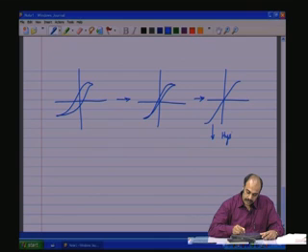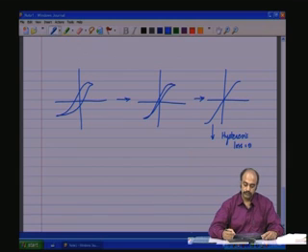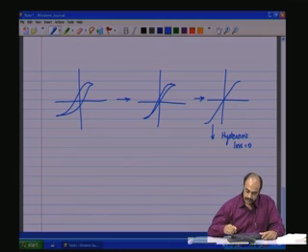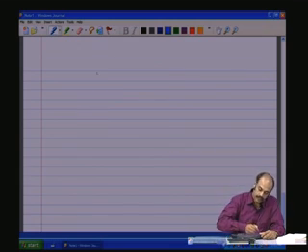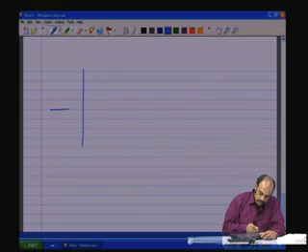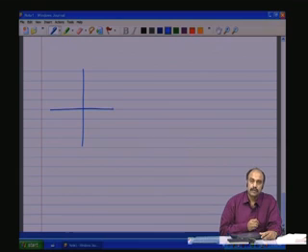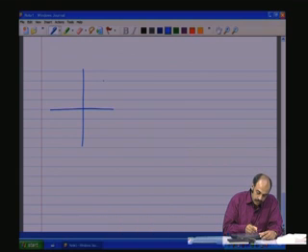Here hysteresis loss is equal to 0. And then we also need to look at the slope of this.